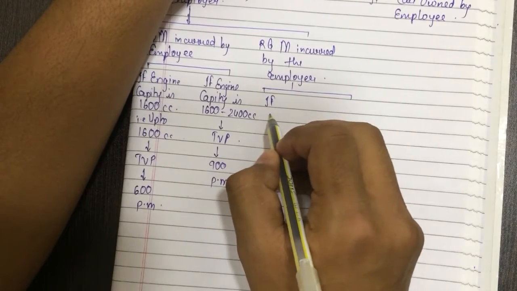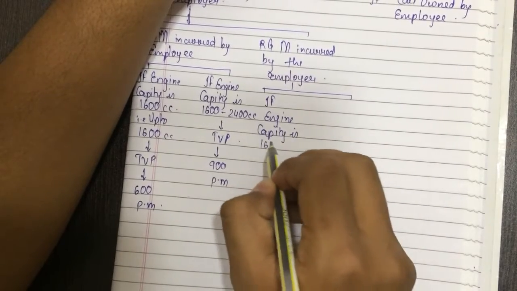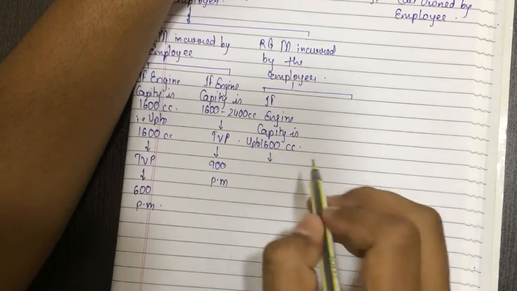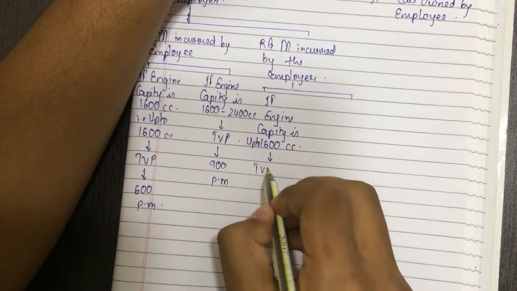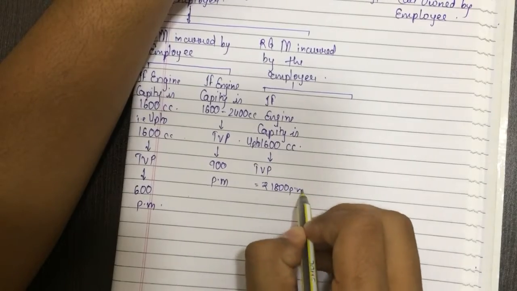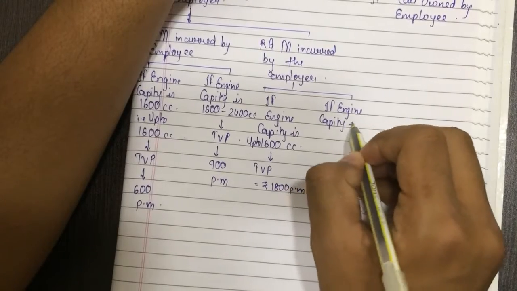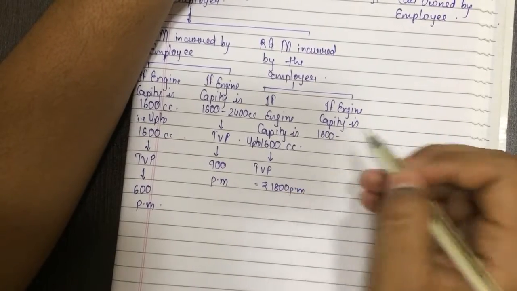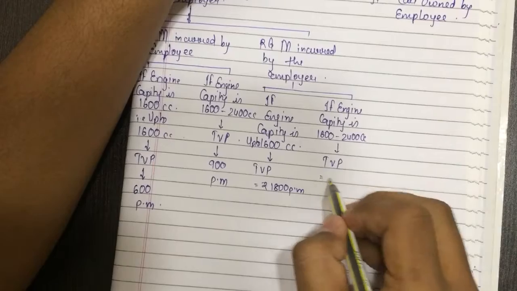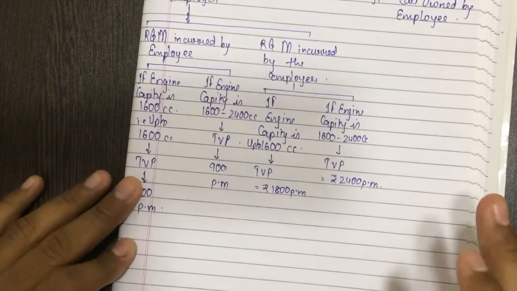Firstly, if engine capacity is up to 1600 cc, then again the taxable value of perquisite is equal to rupees 1800 per month. If engine capacity is above 1600 to 2400 cc, then the taxable value of perquisite is equal to rupees 2400 per month. As simple as that.